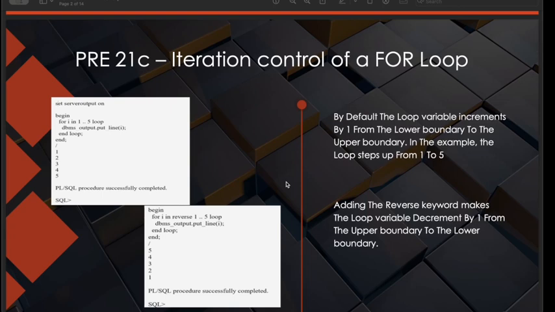Adding the reverse keyword makes the loop variable decrement by 1 from the upper boundary to the lower boundary, as you can see in the second example.